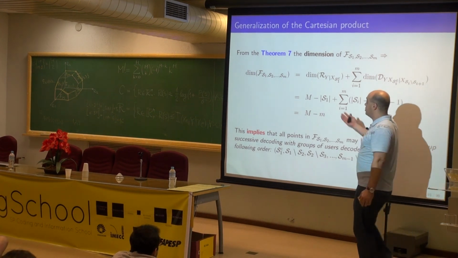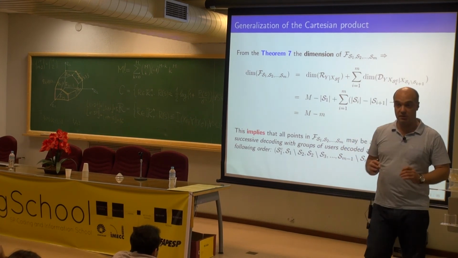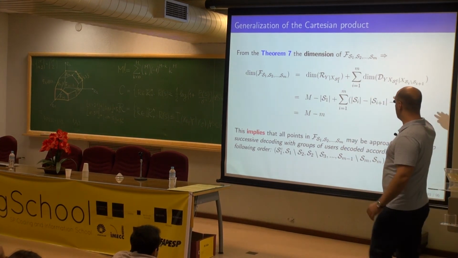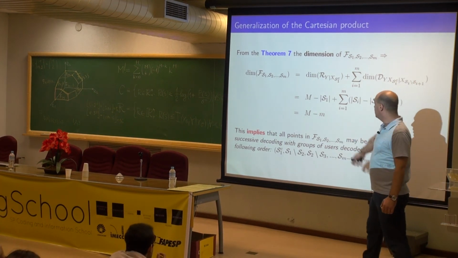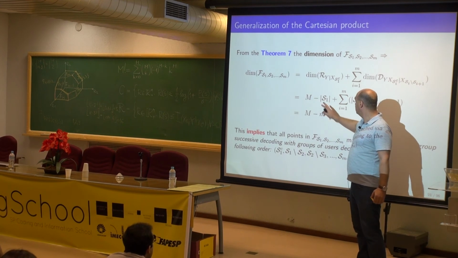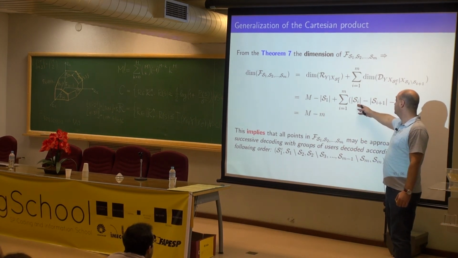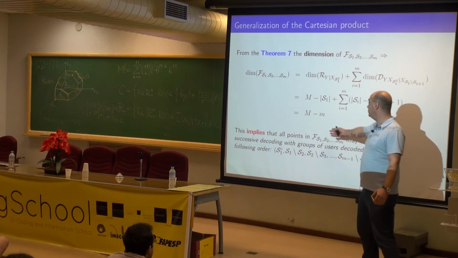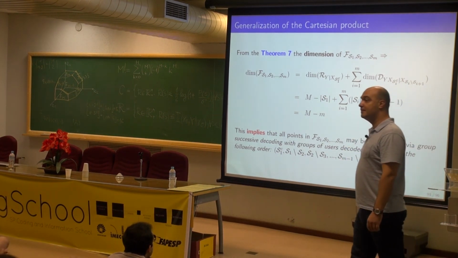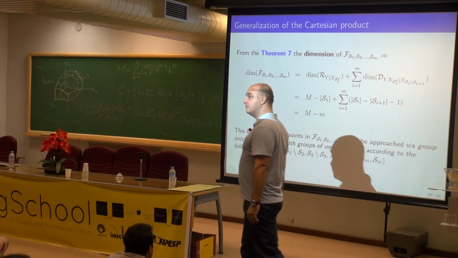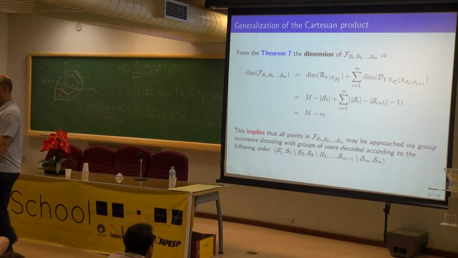It's basically the dimension of the first region, the little one that is decoded first, and all these dimensions of the dominant faces in between from I1 to M. And this is M minus S1, and then you add this, plus this, minus this, plus this, and at the end you finish up with M minus m. But you can also view this as each SI introducing an equality constraint. That's true. Yeah, it's more simple.